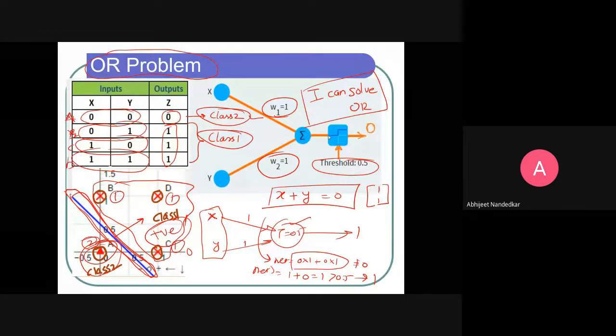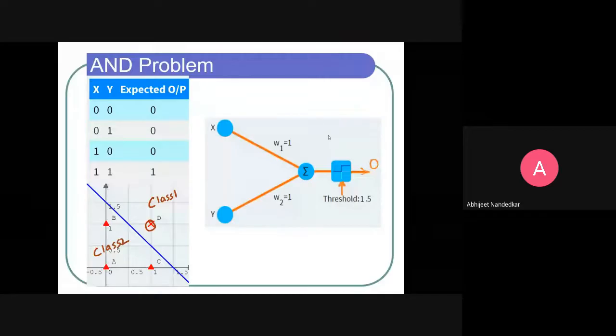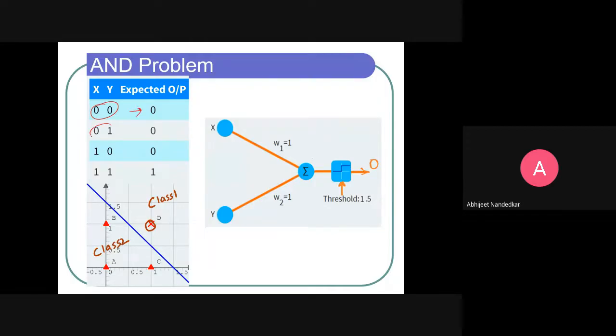Then I can go for the AND problem, which is another logic in our Boolean circuits. The case is like this. 0, 0 output is 0, 0, 1 output is 0, 1, 0 output is 0, 1, 1 output is 1.